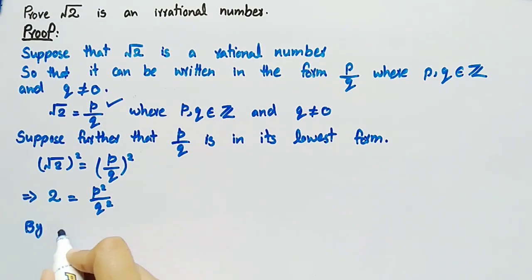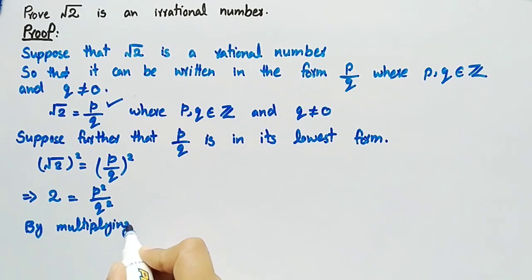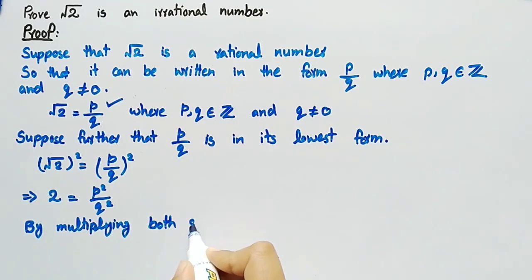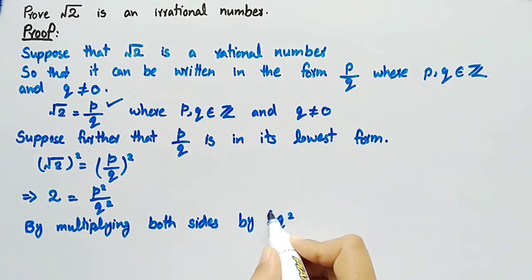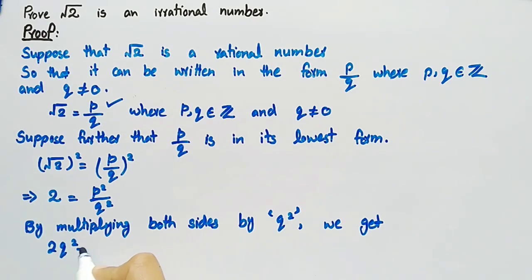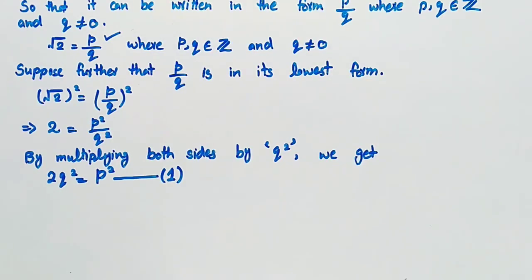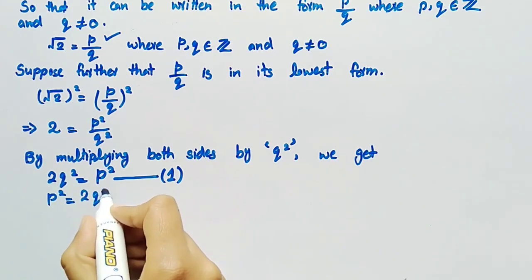Now by multiplying both sides by Q square, we get 2Q square is equal to P square. Let it be named as equation number 1. We can also write it as P square is equal to 2Q square.